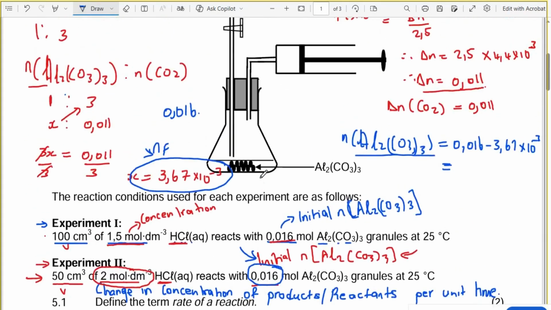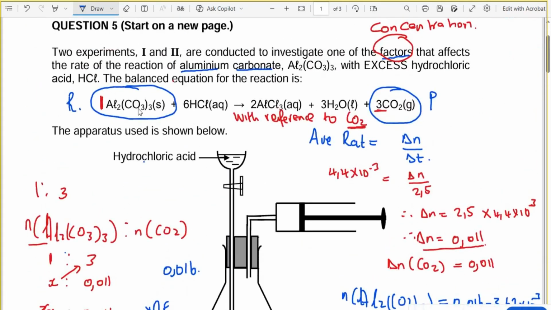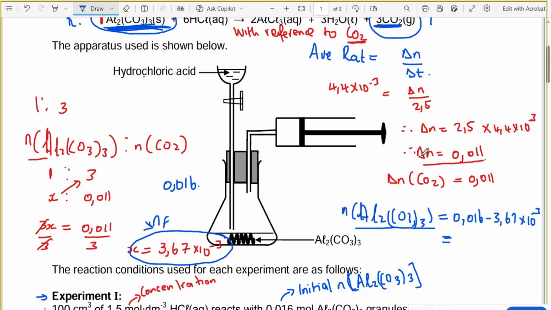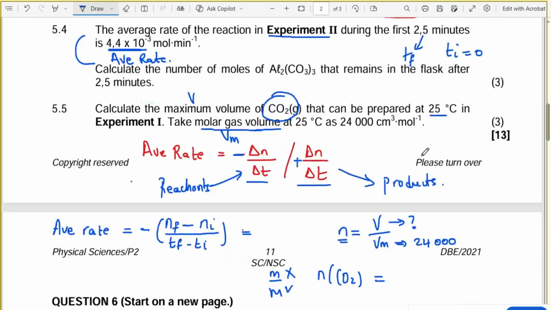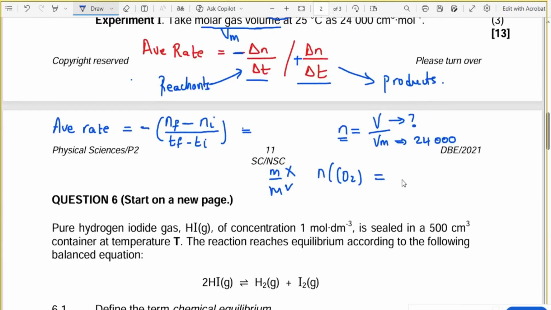Look at this. We know that the reactants started with 0.016, and we're looking for the number of moles of CO2. So the ratio is 1:3, and the number of moles of carbon dioxide equals 3 times the number of moles of aluminum carbonate, 3 into 0.016.